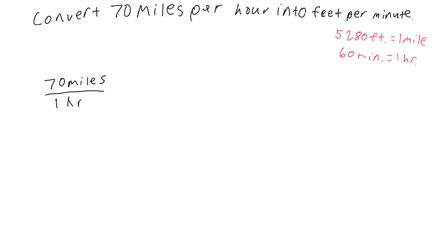My program's not being very nice to me with writing right now. Then we want to multiply by our conversions. It doesn't matter which one of these conversions we go with first. So let's just go with the one I put on top. Alright, so there are 5,280 feet in 1 mile. So we have miles on top, so miles has to go on bottom.